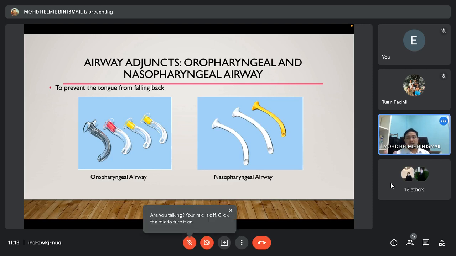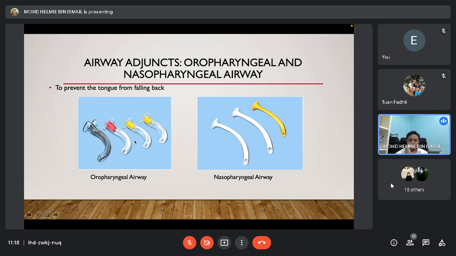If you want to use the soft to soft technique, it is the angle of the mouth, which is soft, to the tragus of the ear, which is soft. That gives you the correct size of the oropharyngeal airway.